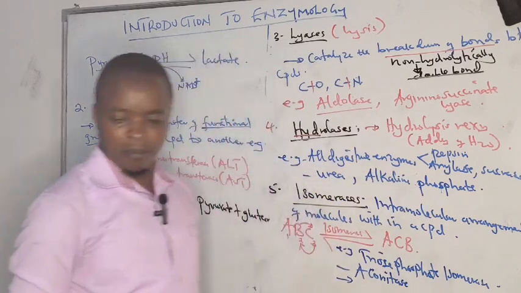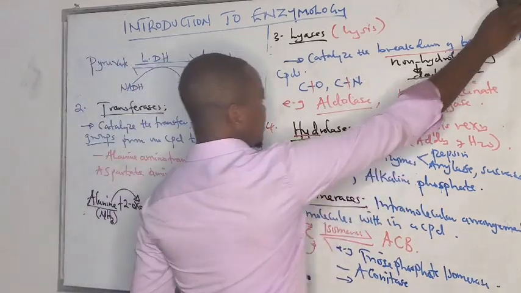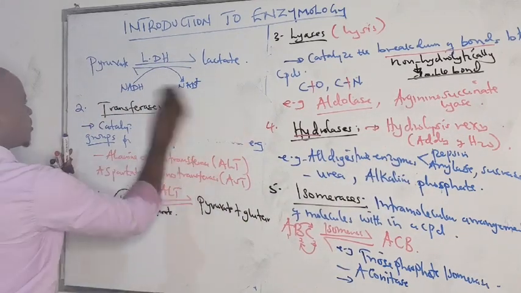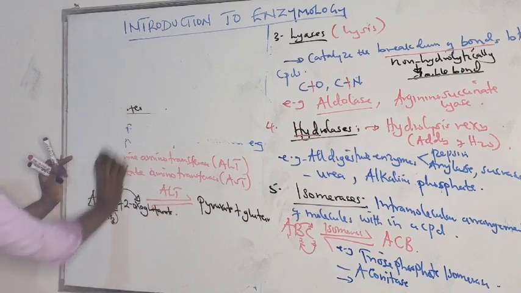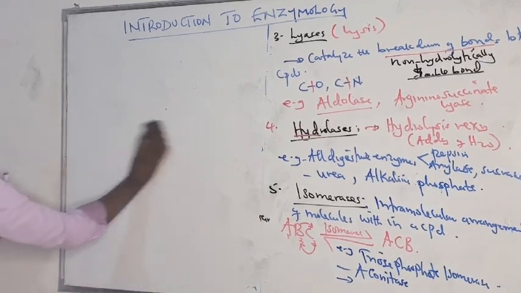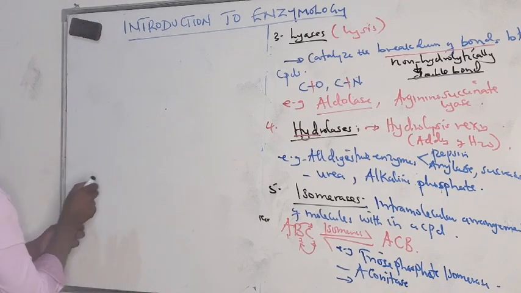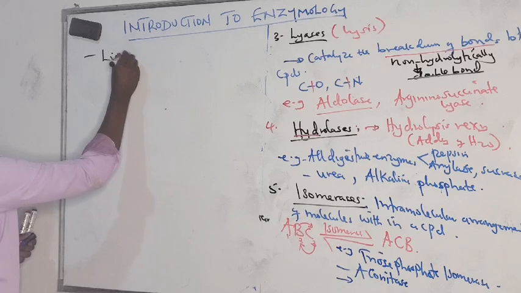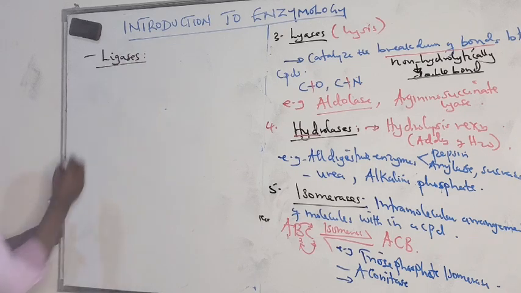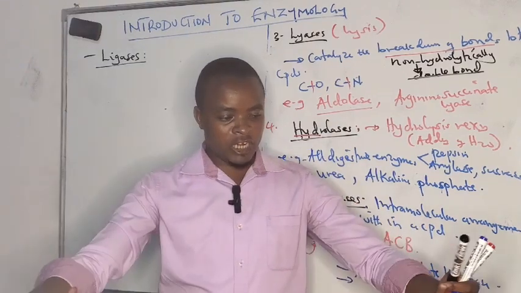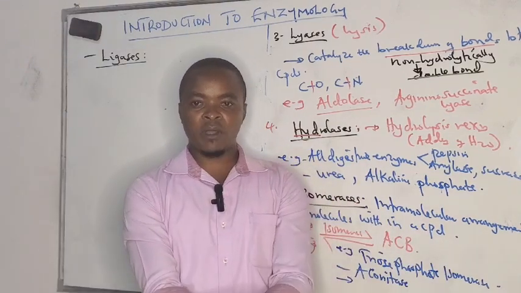Lastly, let us talk about ligases, which is the 6th class of enzymes. These ligases catalyze the joining of bonds. A ligase is something that can join two things together to form one compound.